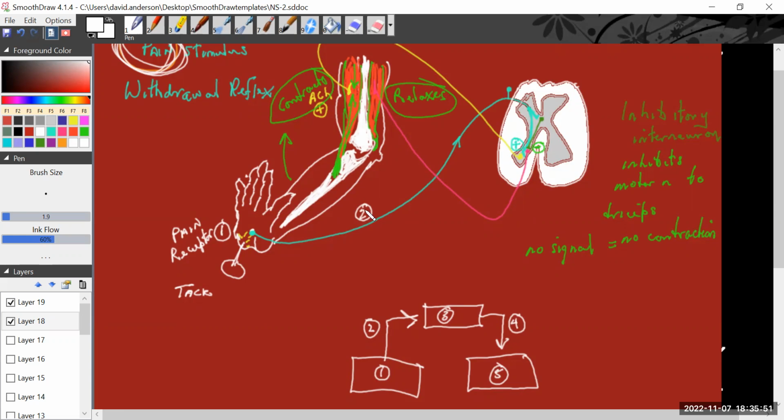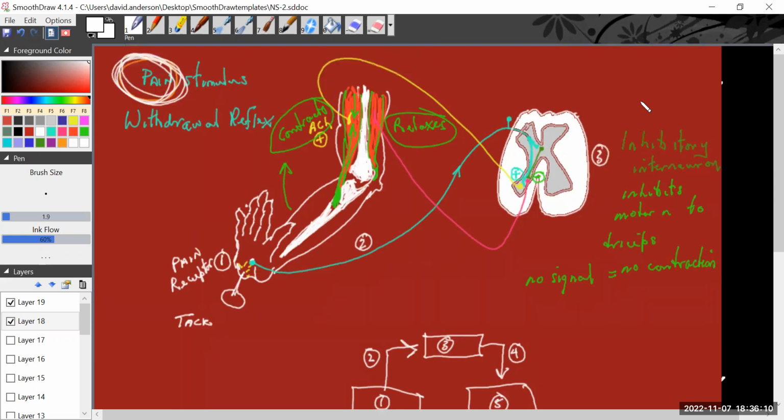Right, and specifically gray matter of the spinal cord. If you were asked this on a test, tell me it's the gray matter in the spinal cord, because that's where the neurons are. So that's where integration would be. And number 4 is represented, in this case, got to be careful here. Number 4 is represented where? The yellow line and the pink one.